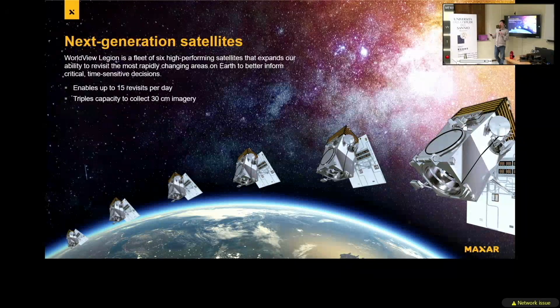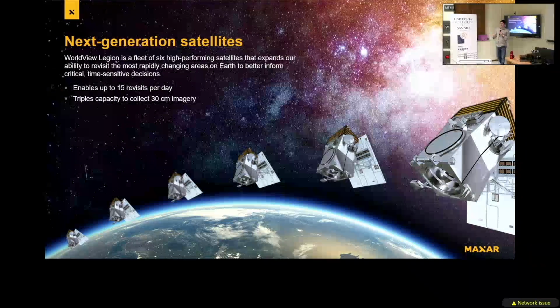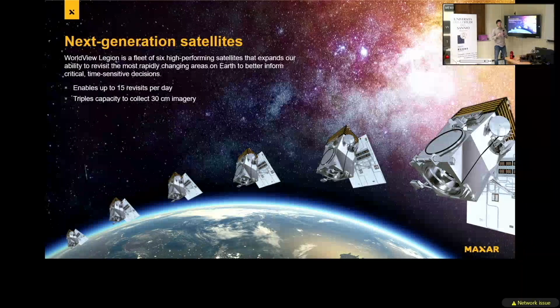This opens up what is known as human patterns of life. You can see how things move through the day. And because of that, we need to understand, again, how the images are formed and acquired so that you can apply your machine learning models.